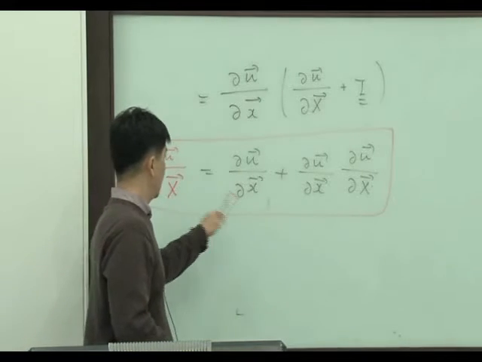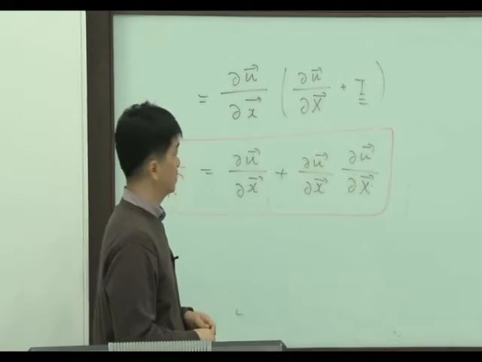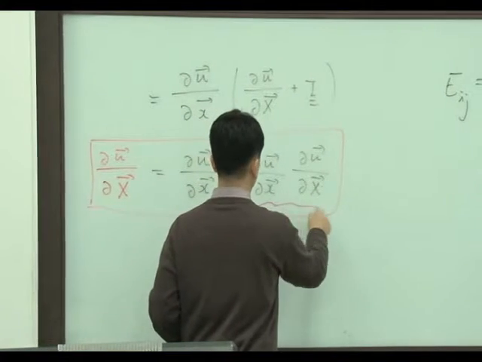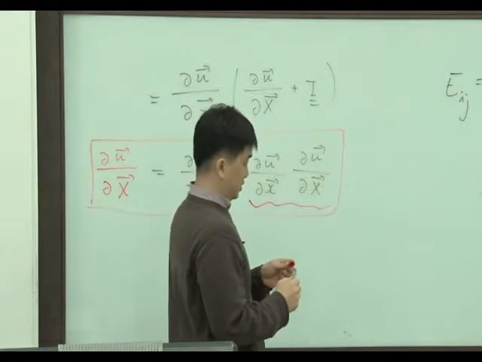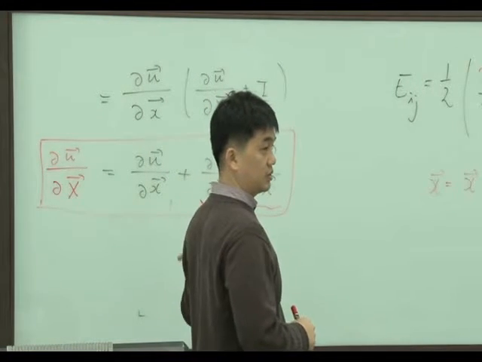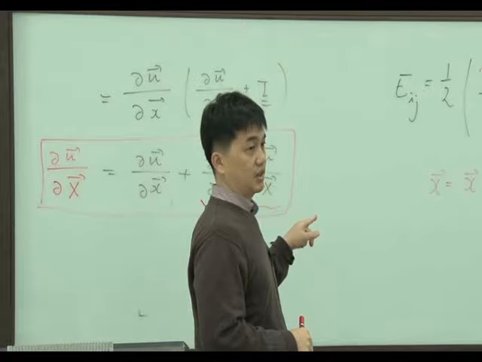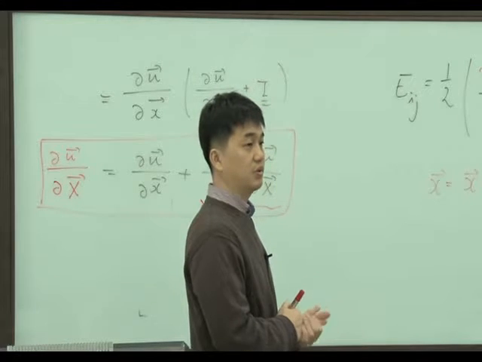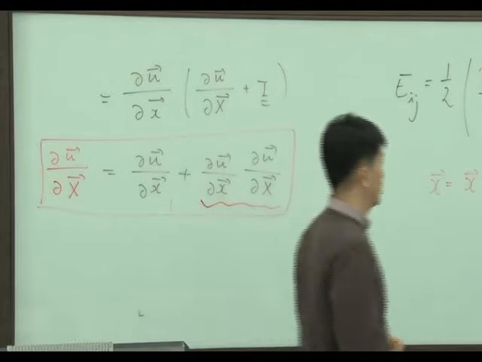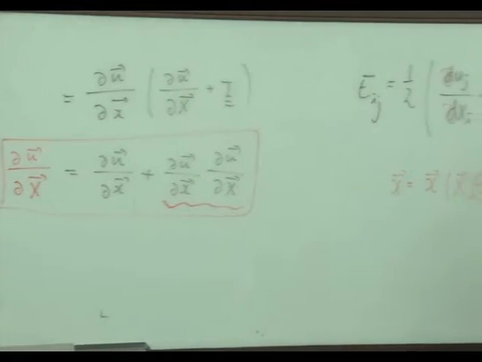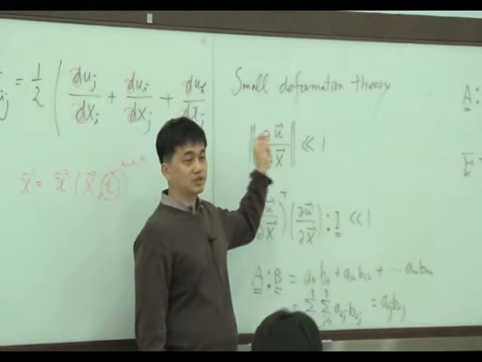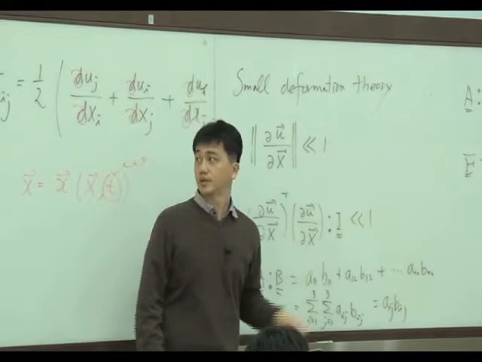And let's compare both parts. In finite deformation theory, the left side and right side are the same. But how about in small deformation theory? In small deformation theory, the gradient of displacement is very small, much smaller than 1.